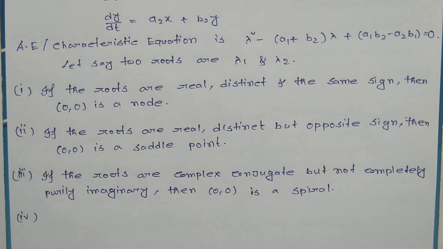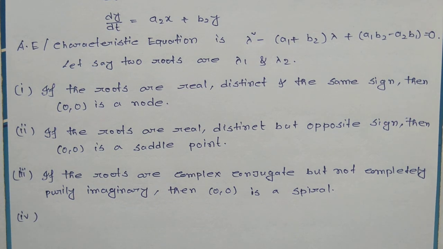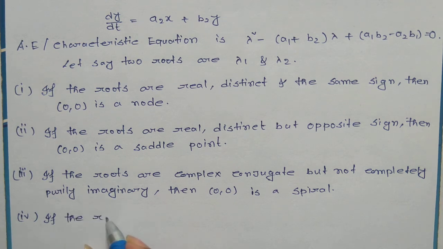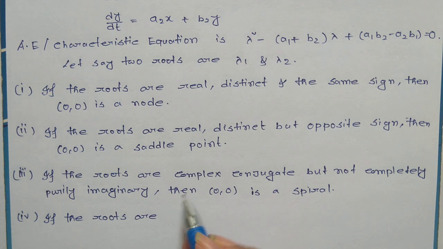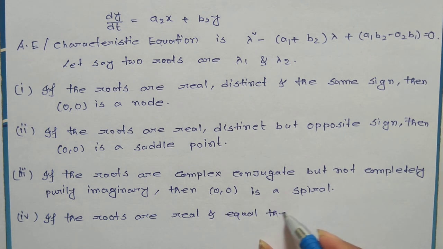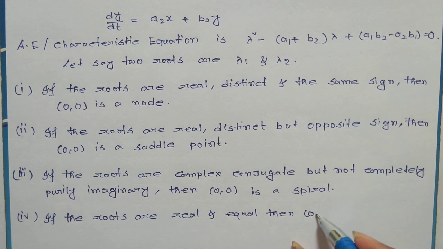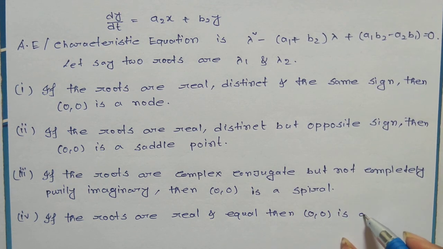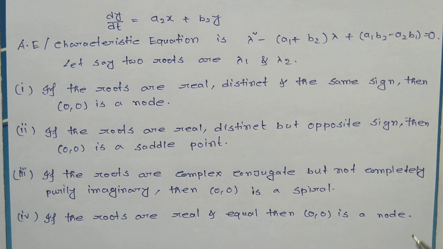Fourth, if the roots are real and equal, then (0,0) is also a node.